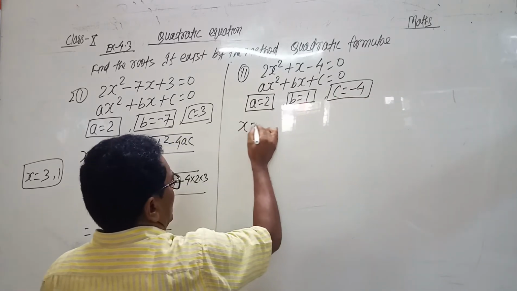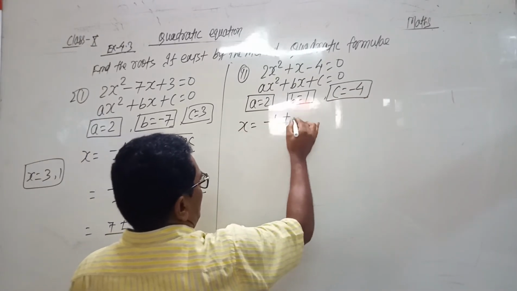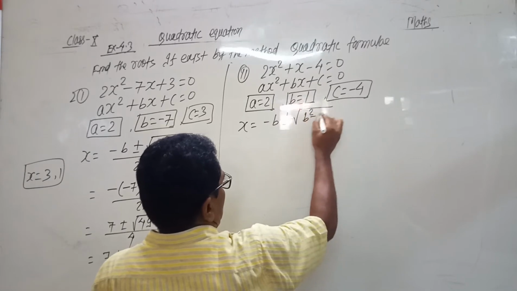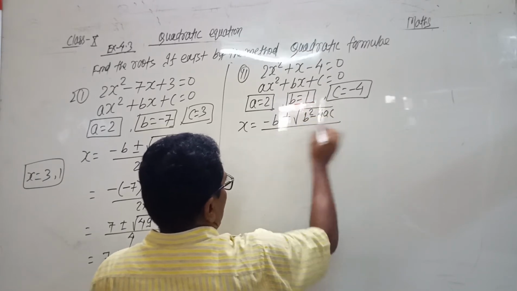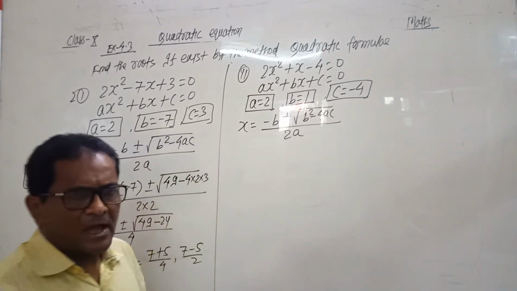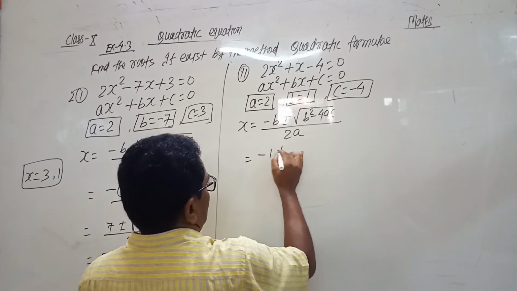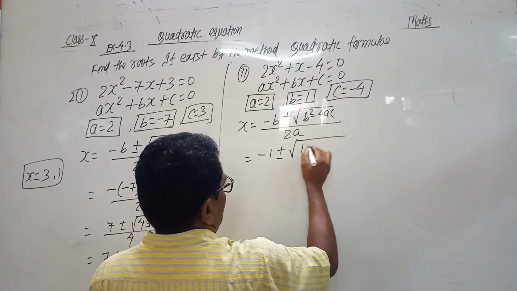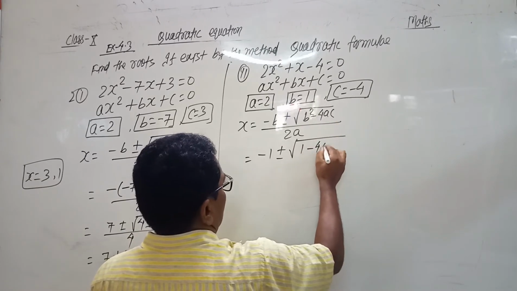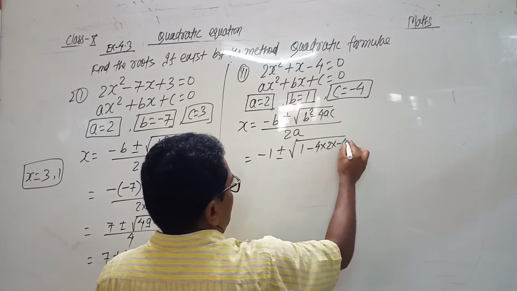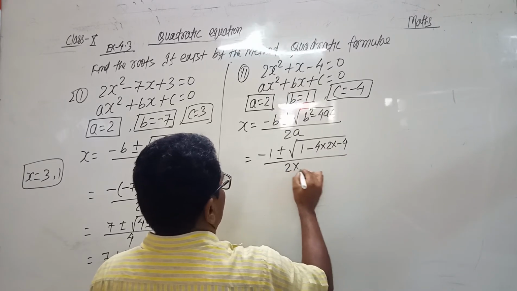Now write the formula. Quadratic formula: minus b plus minus under root of b square minus 4ac upon 2a, and put the values. So minus b means minus 1 plus minus under root of 1 square, 1 minus 4 into a into c, minus 4, upon 2 into 2.